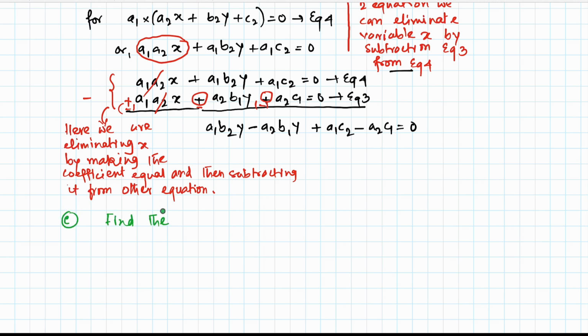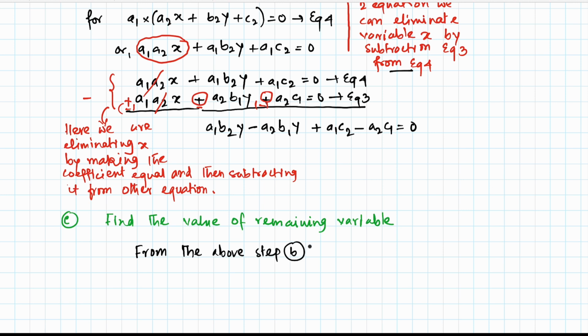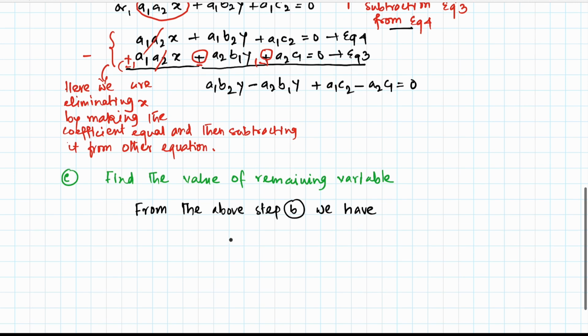Now find the value of the remaining variable. This is the third step. It's very easy now. We have got a linear equation with one variable, and from this we can easily solve for the variable y.